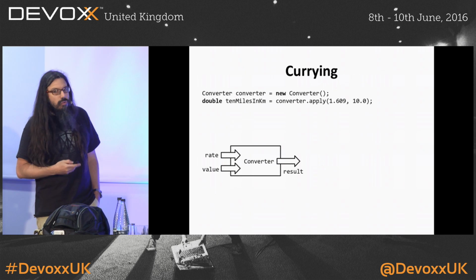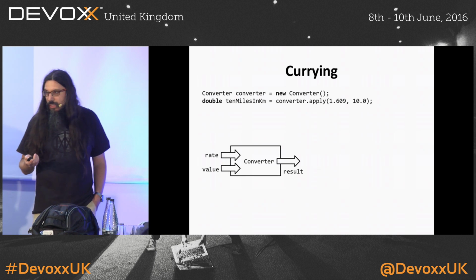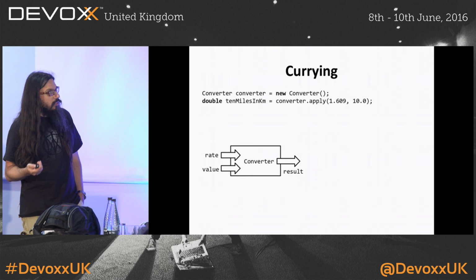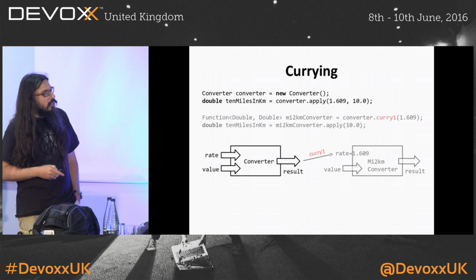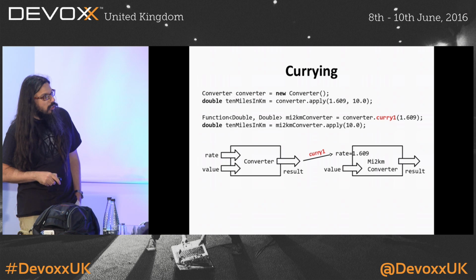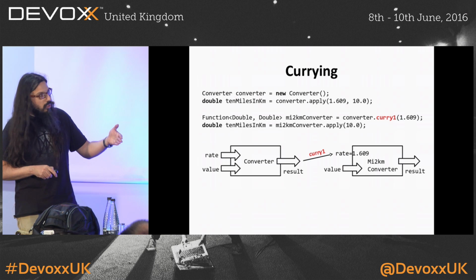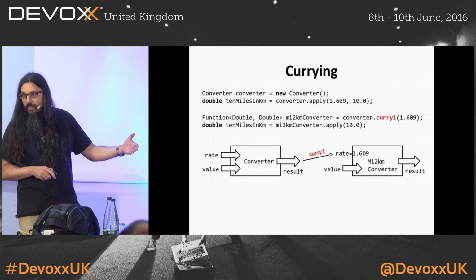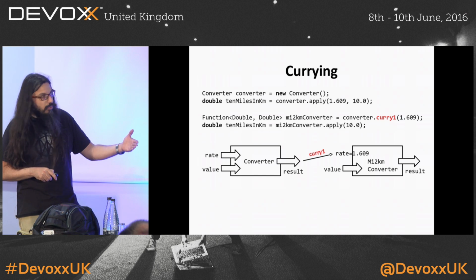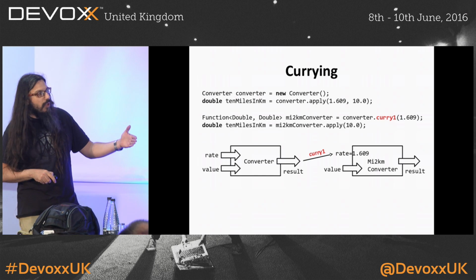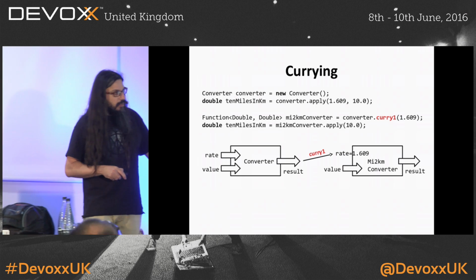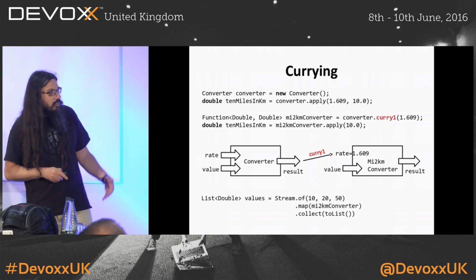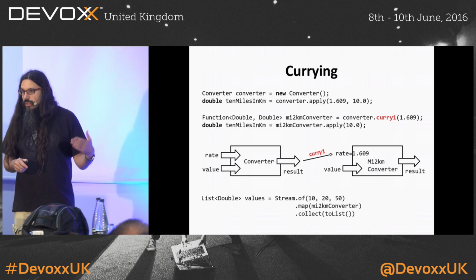Okay, so I do exactly the same as the strategy pattern by doing this curry operation. I start from the converter and fix one argument to the conversion rate from miles to kilometers in this example. And the result is another function that is, once again, my miles to kilometers converter that takes a value and returns a result. Okay, so this is exactly the same thing, done in a different way.